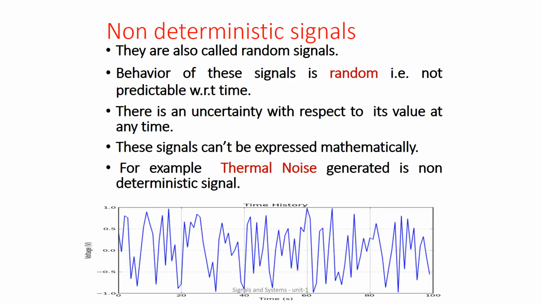Non-deterministic signal, here it is the random signal. It does not have a particular value. It has some random values here. There is uncertainty at each and every value. Mathematically, you cannot represent the random signals. For example, you can take thermal noise.